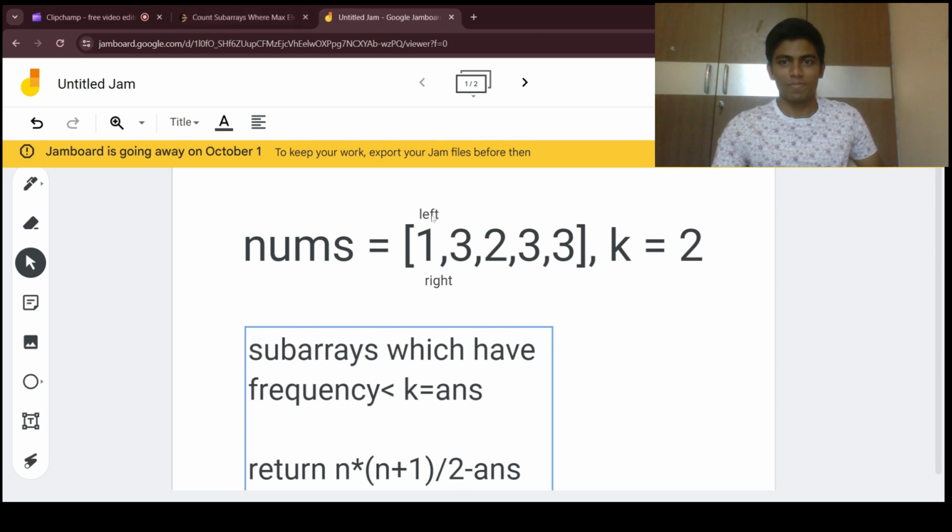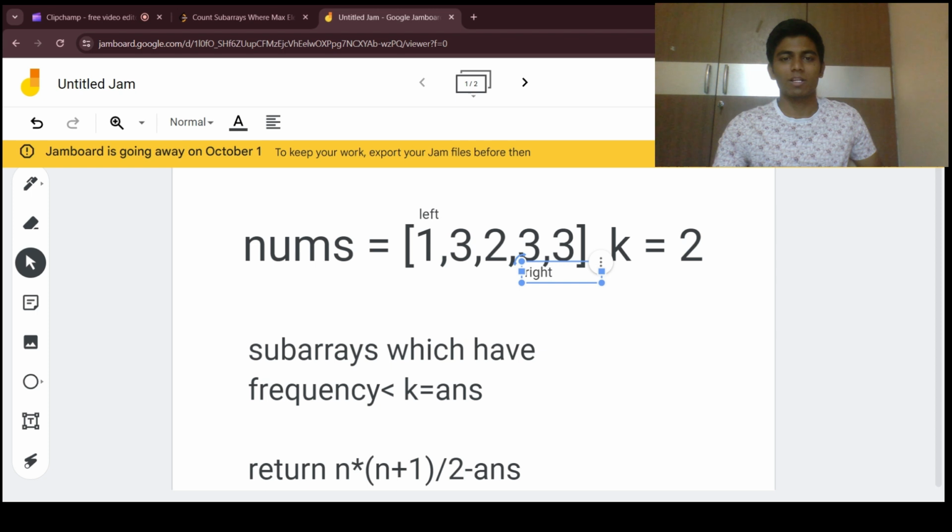Suppose k equal to 2. Now the frequency of the maximum element, which is 3, is 0. Now I'll move the right pointer to here. Then the maximum frequency is going to be 1, and again I'll move here. It is going to be 1. Now it is going to be 2.